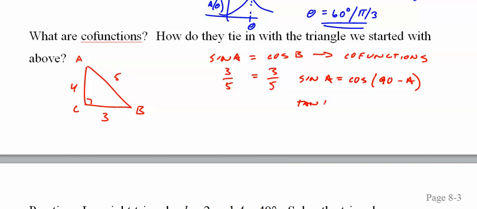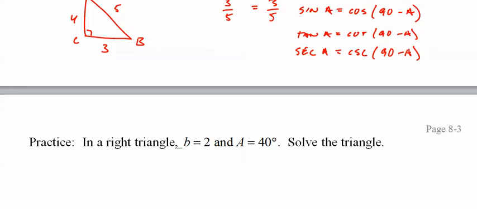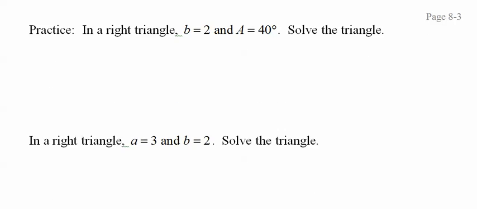Tangent of A equals cotangent 90 minus A. And secant and cosecant are cofunctions. Notice I just randomly picked the first one to go with, sine, tangent, secant. You could write it backwards. Cosine of A equals sine of 90 minus A. This pops up a little bit. I don't even know if I use it much here, but that's about it.